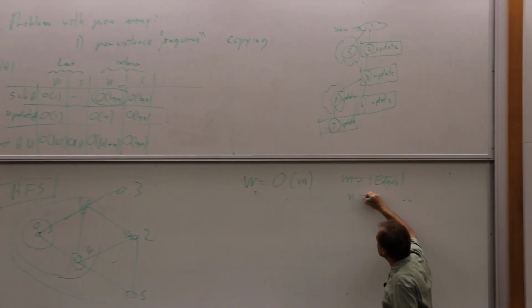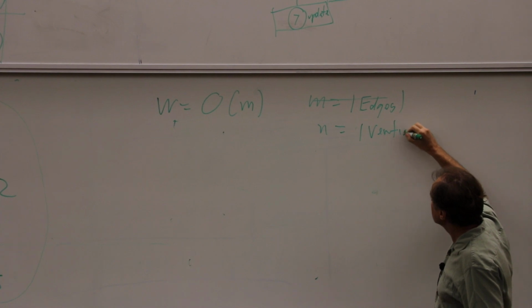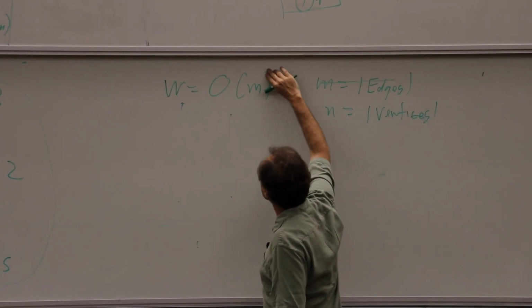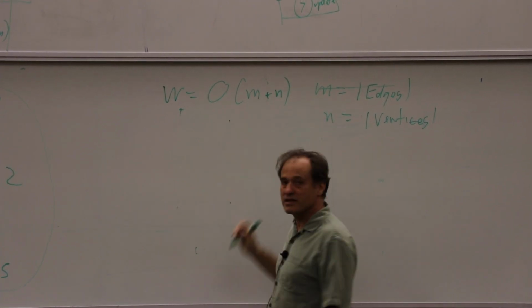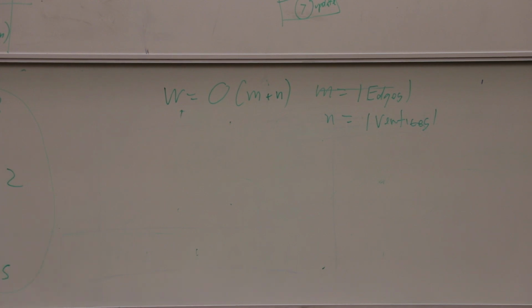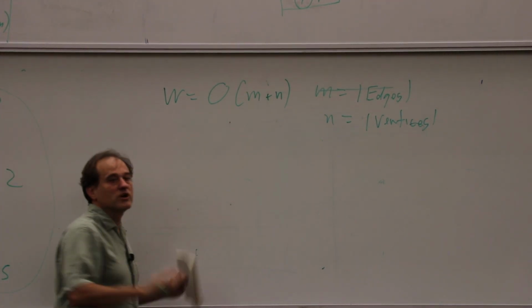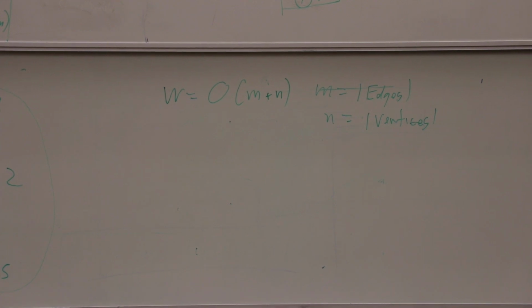In general, I'm going to use m for number of edges and n for number of vertices. So we have to go, in fact, maybe even put m plus n. Technically, m has to be at least as big as n, otherwise the graph will be disconnected and we'll never even visit it, but just for completeness. So we're not going to do better than what a sequential algorithm does. We have to look at all those edges.